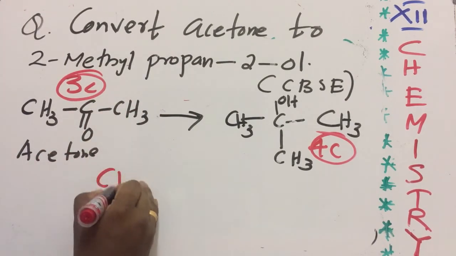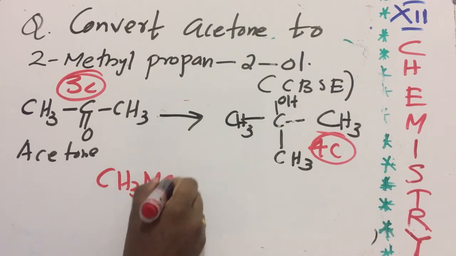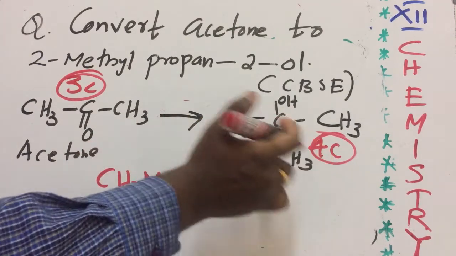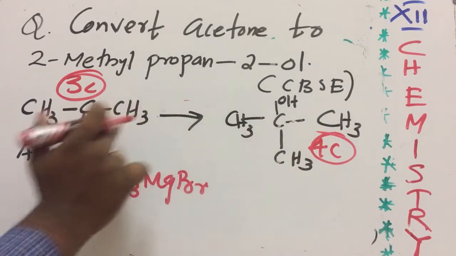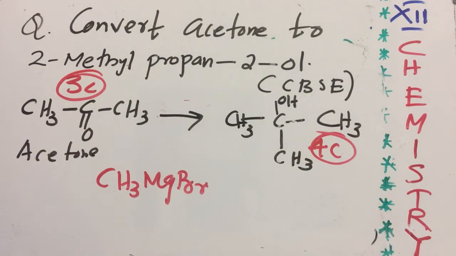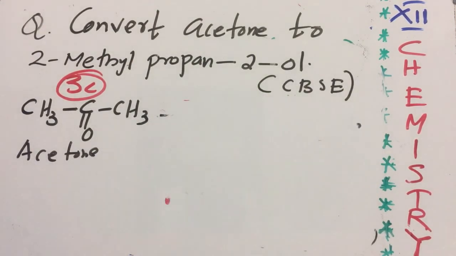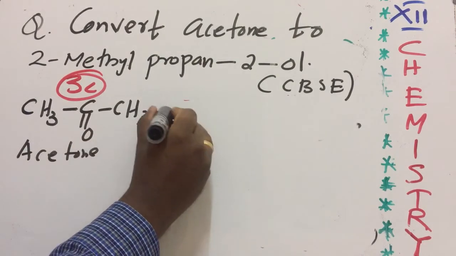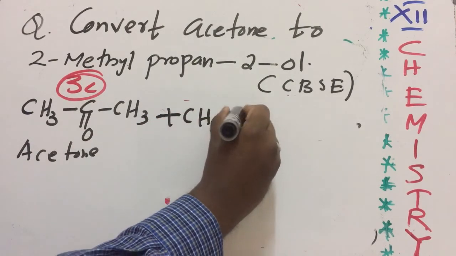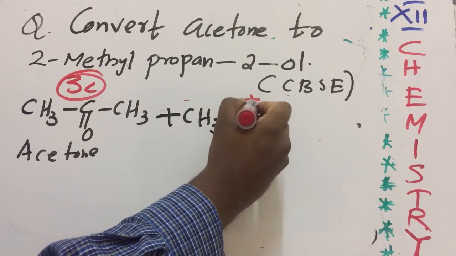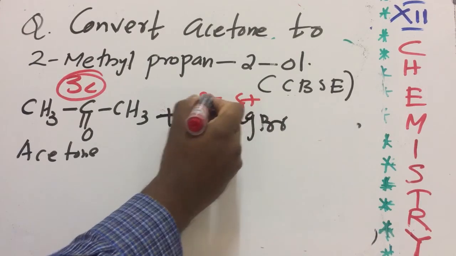Yes, CH3MgBr. So by using this Grignard reagent we can make 2-methyl propan-2-ol from acetone. Now how does the reaction go? Write CH3MgBr, with Mg delta positive and CH3 delta negative.